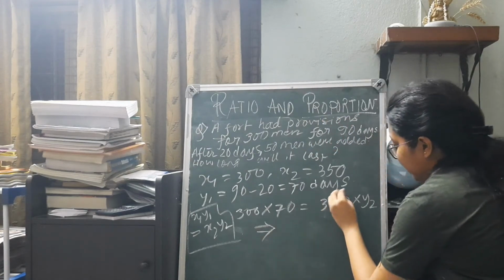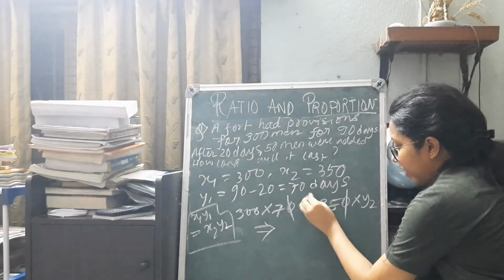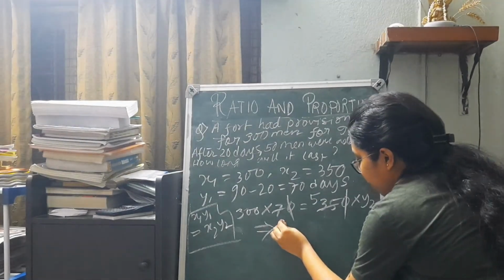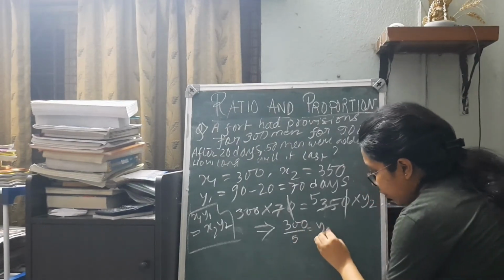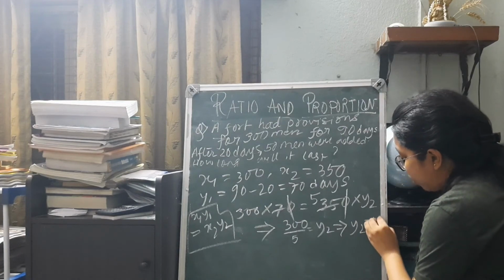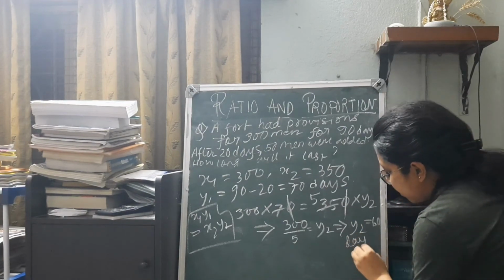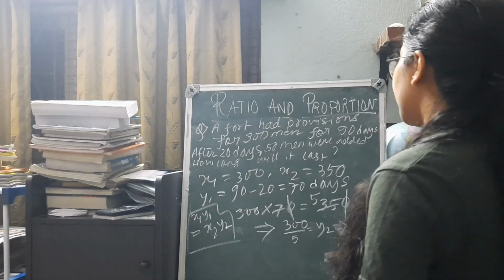If we go for cancellation of zeros, then 7 fives are 35. Finally 300 by 5, that is 60, is equal to y2. That means for the 350 men, this food would last for 60 days.